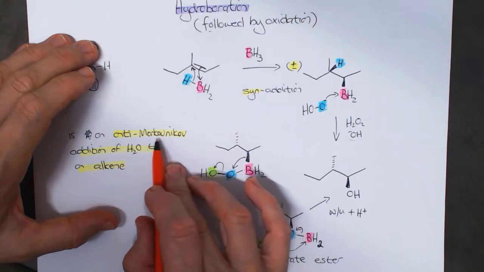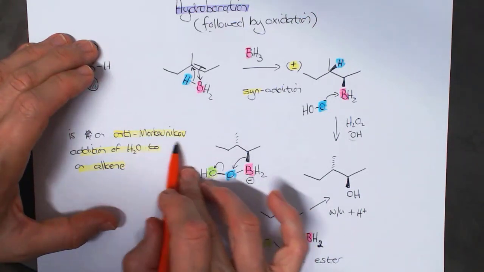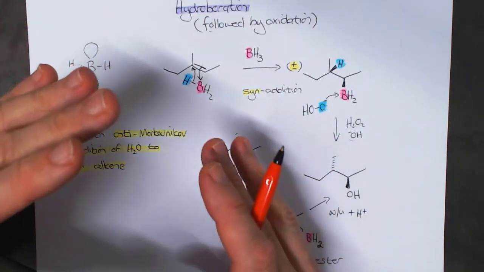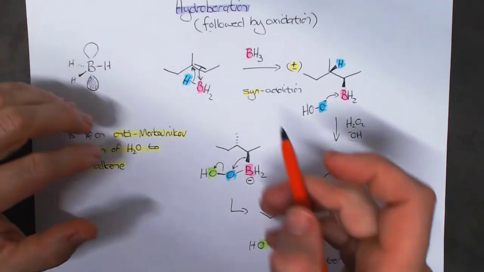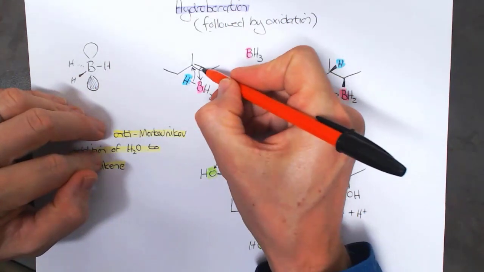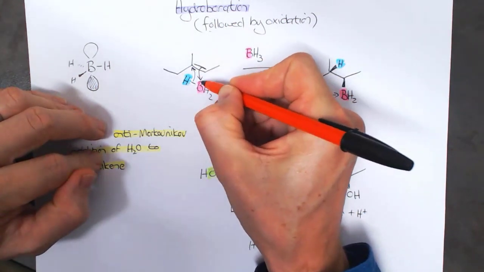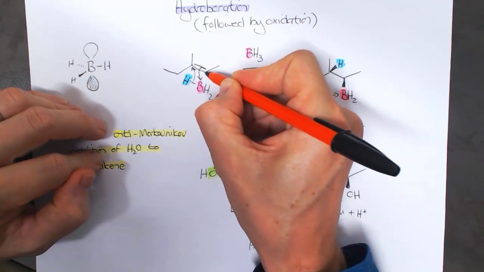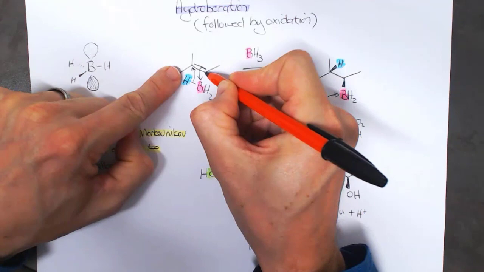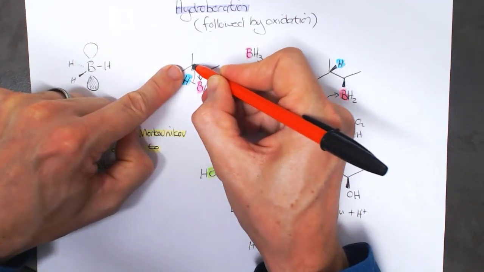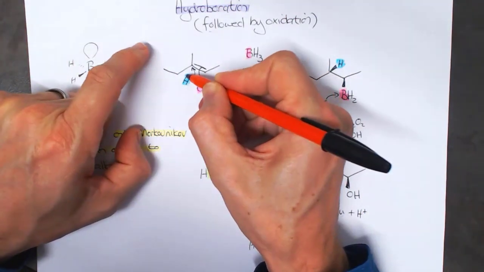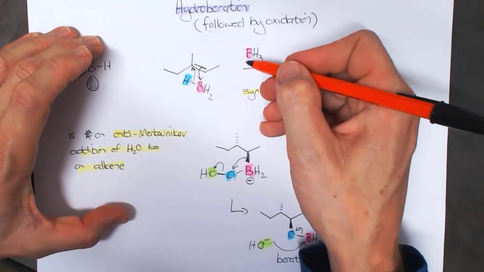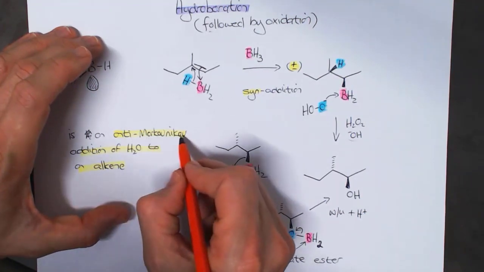But the whole idea of what Markovnikov's rule was saying is that in that reaction, it favors where the most stable carbocation would be. Now look at what's happening over here. When the alkene adds to the boron, the boron is going to the place where the least stable carbocation would form. In other words, the most stable one would be over there. So the regioselectivity of this is actually still following Markovnikov's rule.